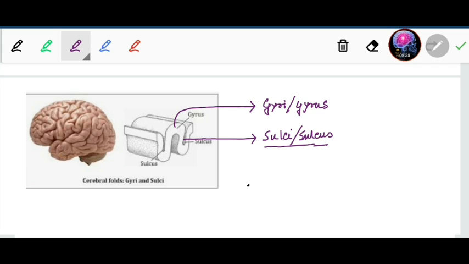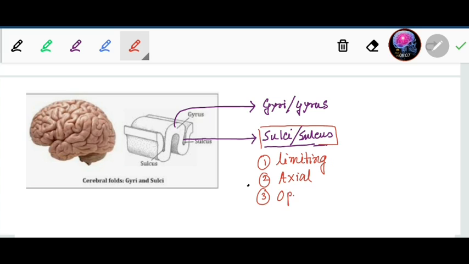Now functionally these sulci are of different types: limiting, axial, operculated, and some of the sulci are also known as complete sulci. Then there are primary and secondary sulcus.